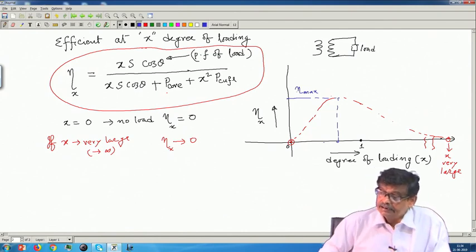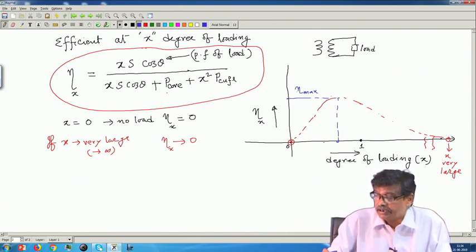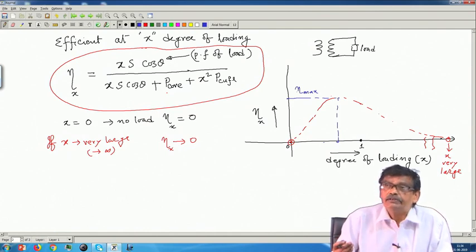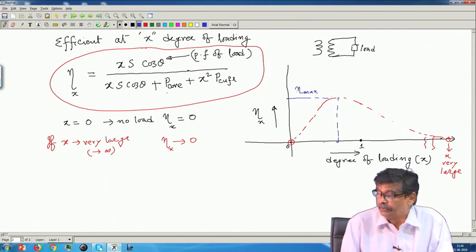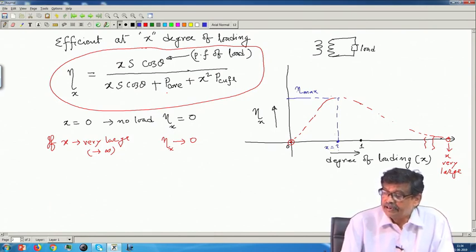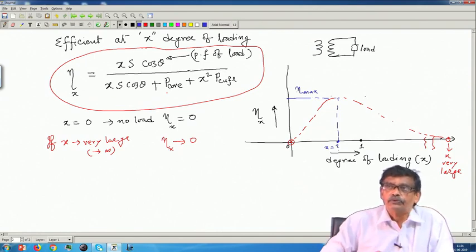Now, it is natural to ask at what degree of loading x efficiency will be maximum, is it not? That is the question. So, this value of x is how much, such that efficiency will be maximum. I want to know that.